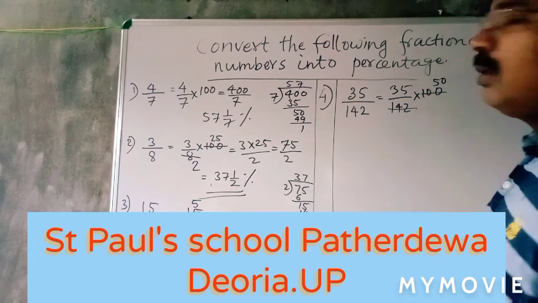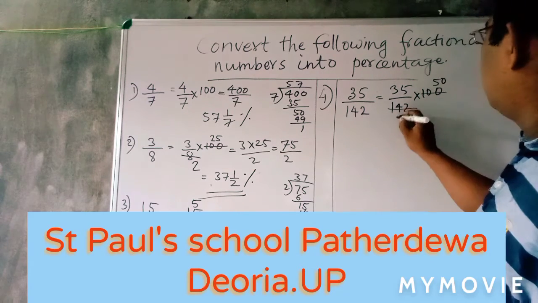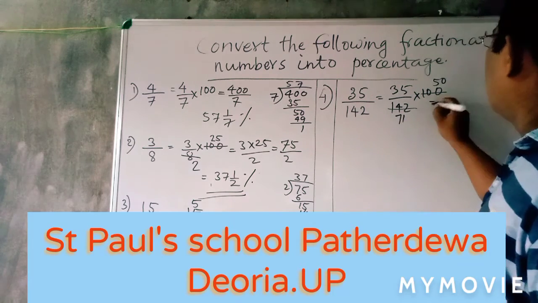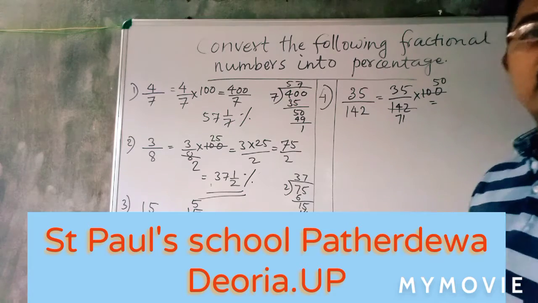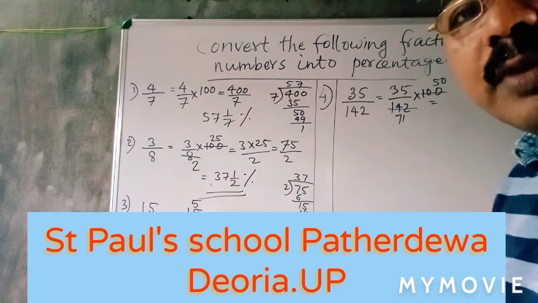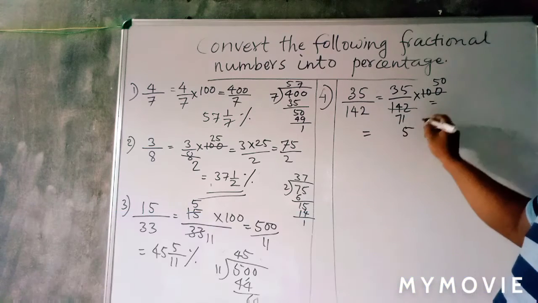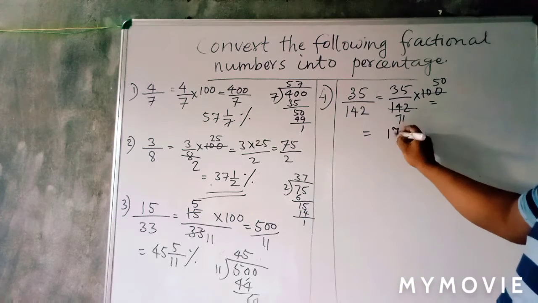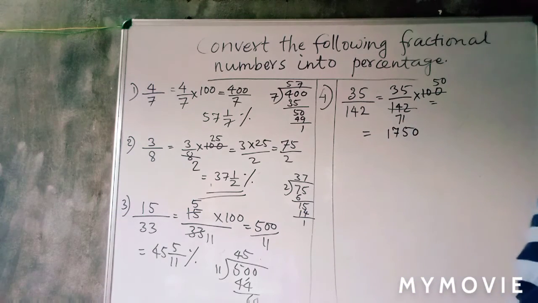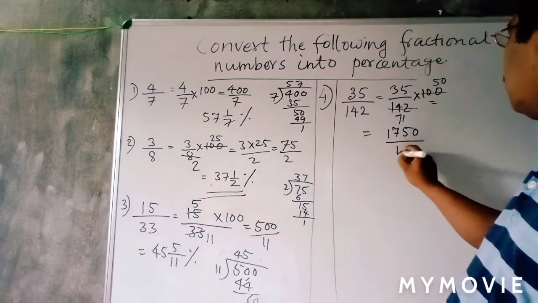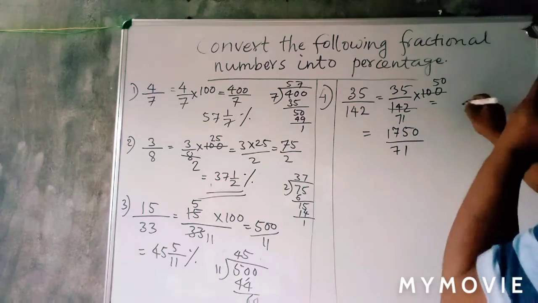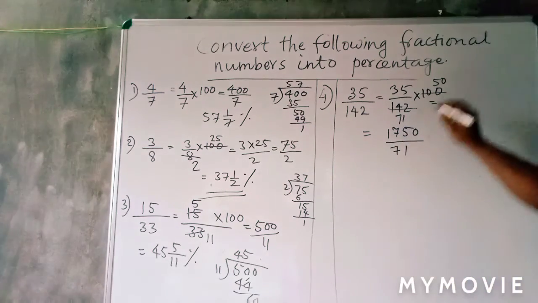So we will get here 50 and here 71. Now you multiply 35 and 50. You will get the answer 1750 and divide it by 71. Now here we will make the division.